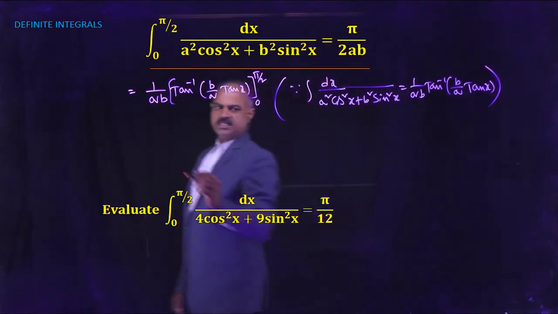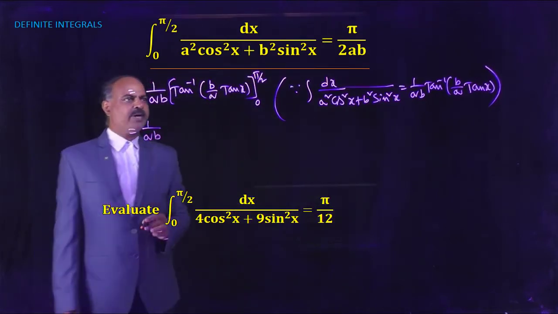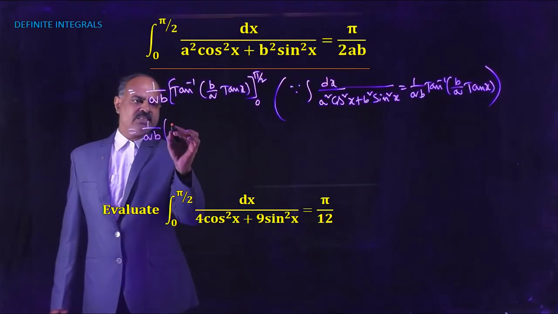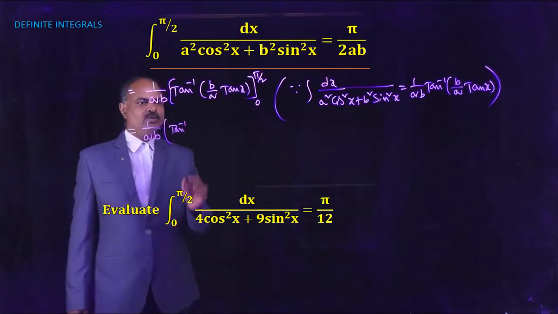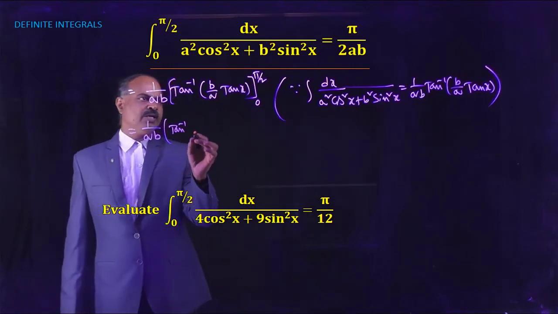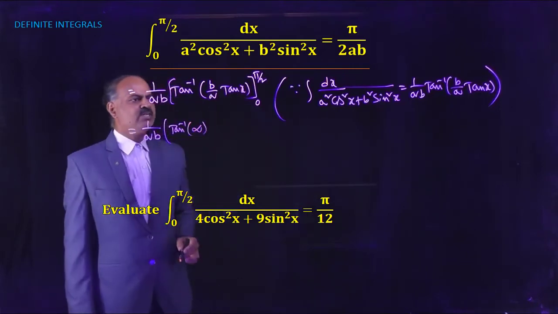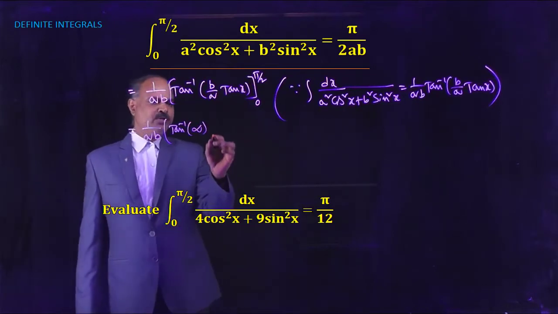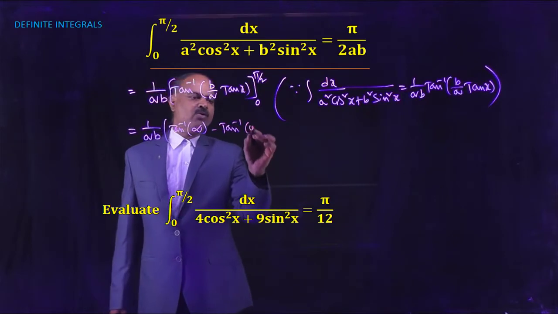Now here that is equal to 1 by ab into, substitute upper limit in place of x, that is tan inverse of b by a into tan pi by 2. Tan pi by 2 is infinity, so tan inverse infinity, minus substitute lower limit in place of x, tan inverse of tan 0 equal to 0.